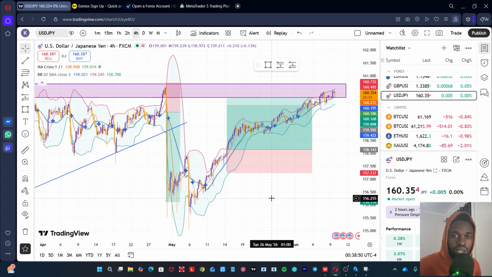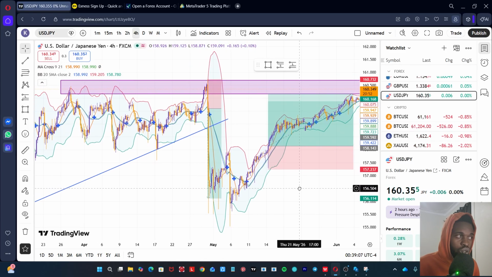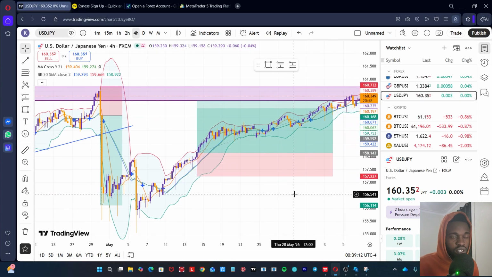From the broker account, you deposit your money. After depositing your money, they will provide you with an account that you'll be able to feed into your MT5 and be able to trade. So that is the actual connection between the broker, the MT5, and then the trading platform. If you have all this set up very well, you are bound to make money in the Forex market.